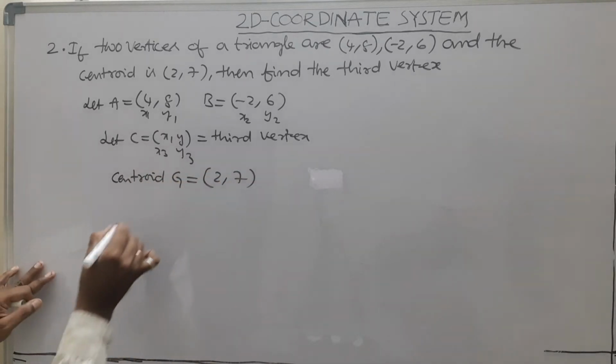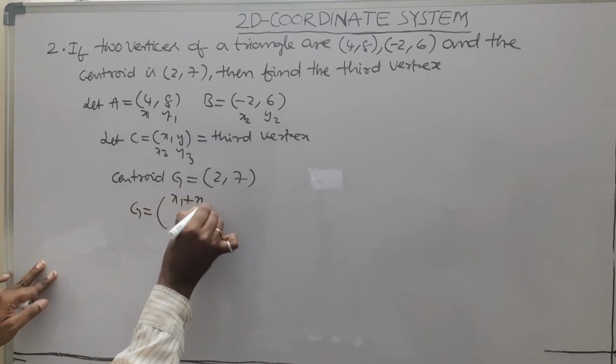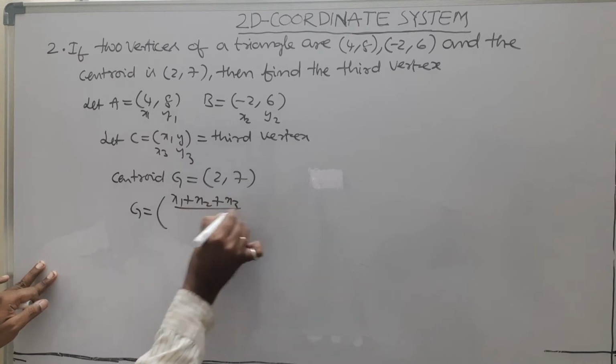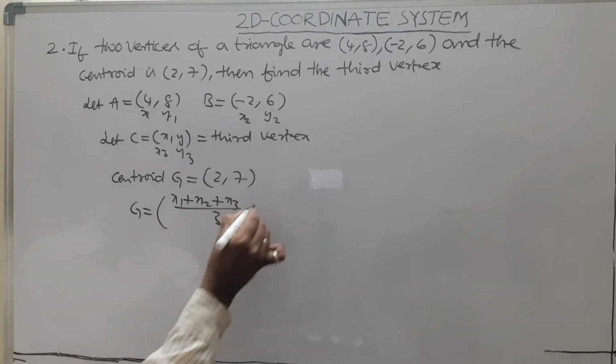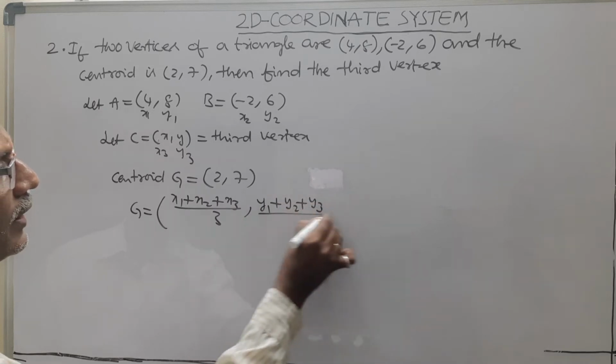Then apply the formula. G is equal to ((x1 plus x2 plus x3) by 3, (y1 plus y2 plus y3) by 3).